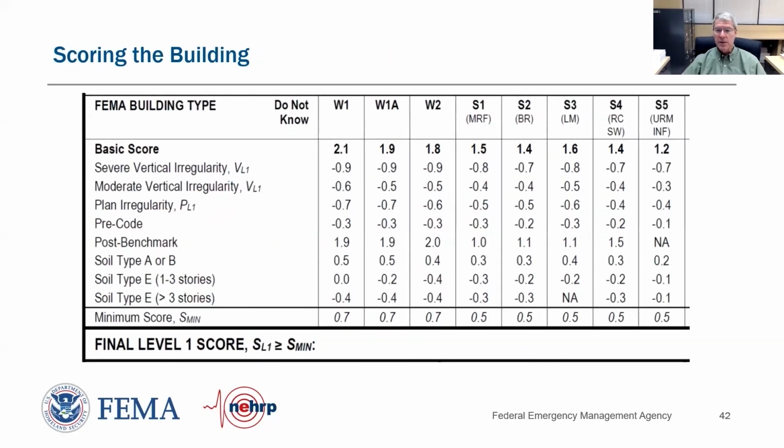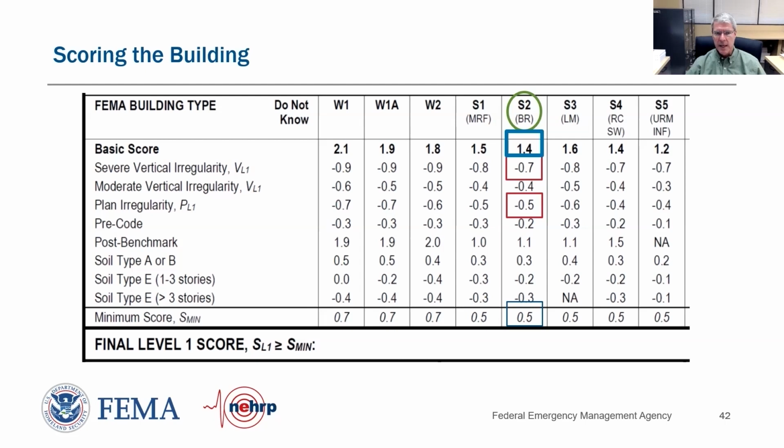Here's our scoring section of the form, and what we decided was this is an S2 building. So there's our basic score, and we had a severe vertical irregularity, correct? And then we also had a plan irregularity. We're not pre-code, nor are we benchmark.